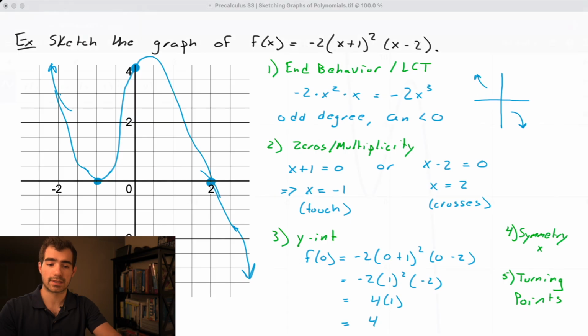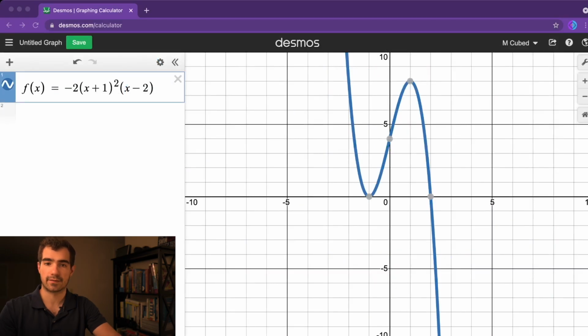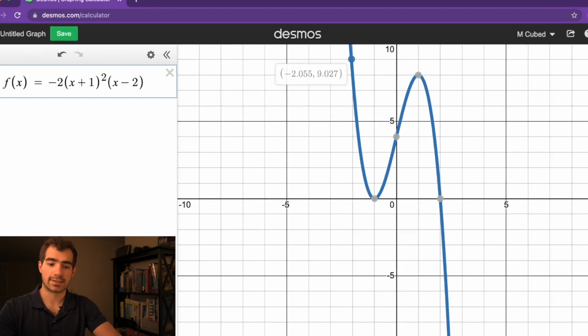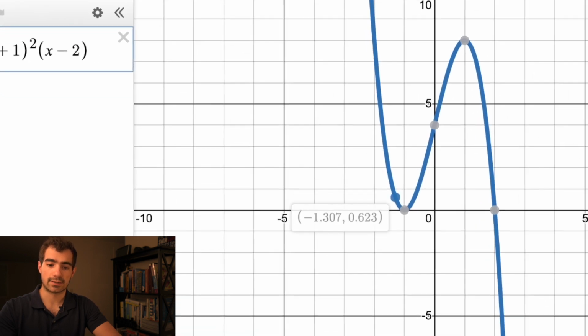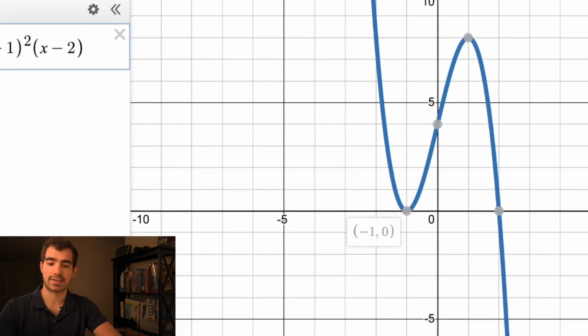And we can head over to Desmos to confirm that this does in fact match with what we have. If we graph the function -2 times (x plus 1) squared times (x minus 2), we can see that it does go off to positive infinity as we head to the left. We can see that it comes down and touches the axis at (-1, 0), only to turn back and increase.